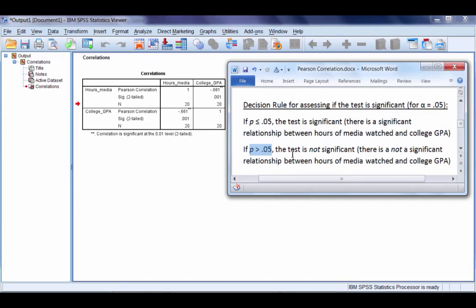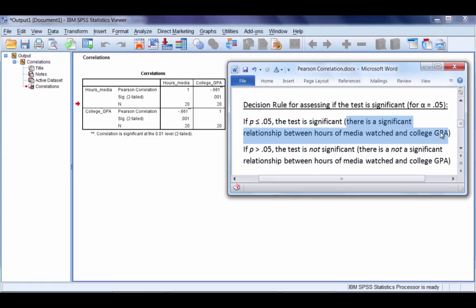Whereas if p is greater than 0.05, the test is not significant, indicating that there is not a significant relationship between hours of media watched and college GPA. Our p-value in our output is once again 0.001, so applying the p-value to our decision rule, we can see that 0.001 is in fact less than 0.05, which indicates the test is significant. In other words, in our example, there is a significant relationship between hours of media watched and college GPA.